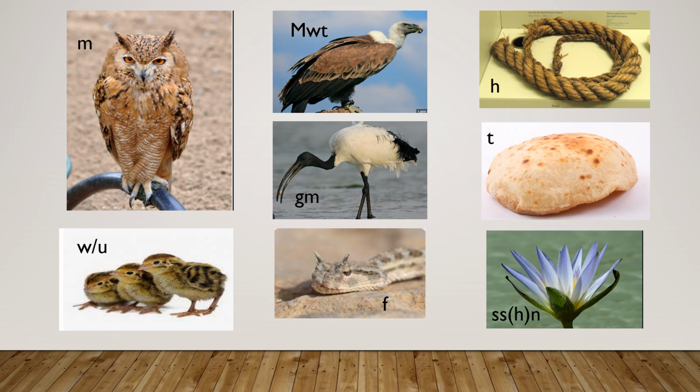So like in a language like Spanish, the feminine endings are A. And so in the Medu Neter, the feminine ending is the loaf of bread, which we transliterate with the letter T. And then we have the lotus flower, which doesn't come up often as a flower. Again, it's a triliteral, so it has an S, SH, N, and the middle one is more like SH, right? So I put the SH inside the parentheses, but I just opted to put it that way. So these are key transliterations, and that's one of the things that we will work on as we go along.